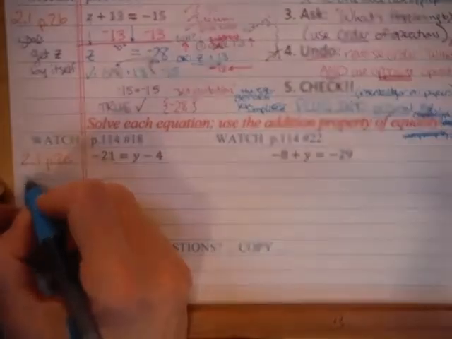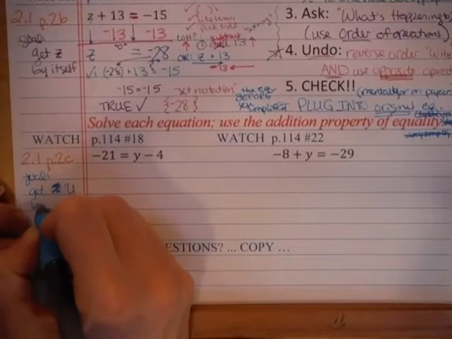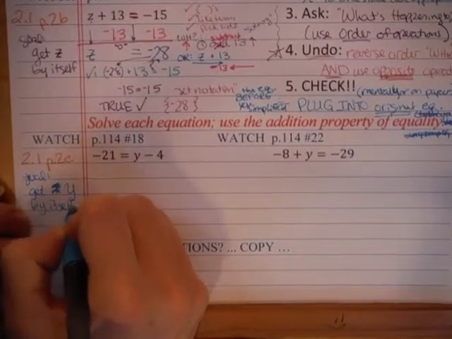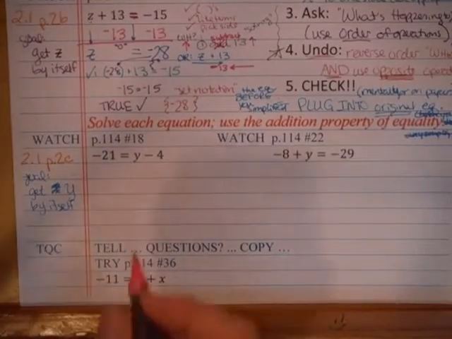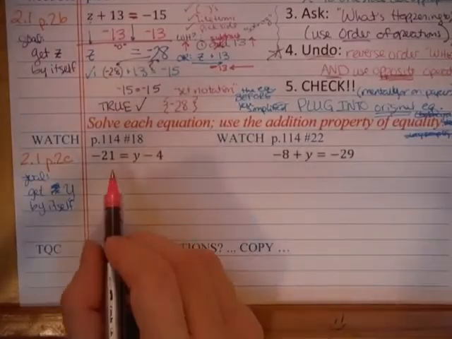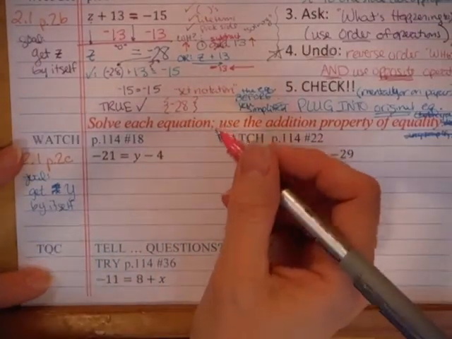Keep our goal in mind, that we want to get x all by itself, or in this case it's a y by itself on one side of the equal sign. Isolating that variable, solving what the value of that variable is equal to. So let's look at what we need to do first.